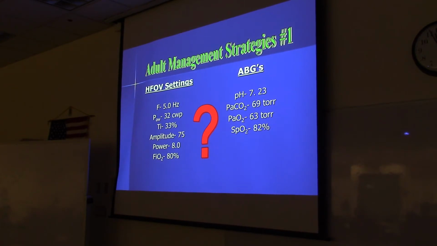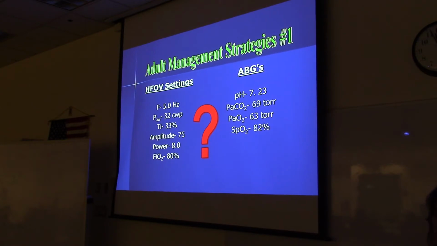Because your amplitude is really high, airway pressure is really high, 32. You're okay with that? Yeah, I've seen amplitudes of 100 with the adults, and the big kids. And children as well? No, it was like a 16-year-old.